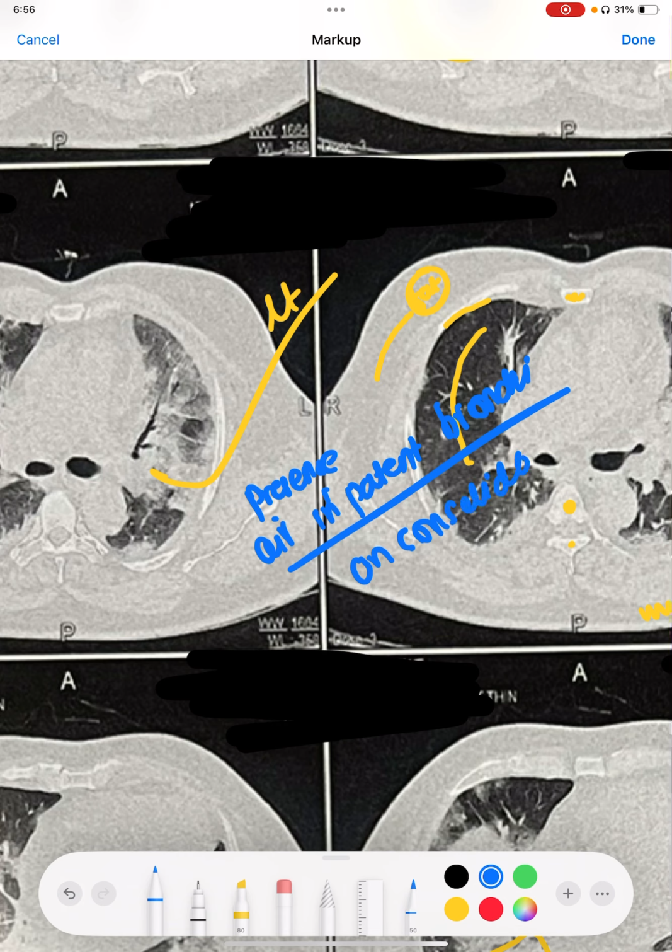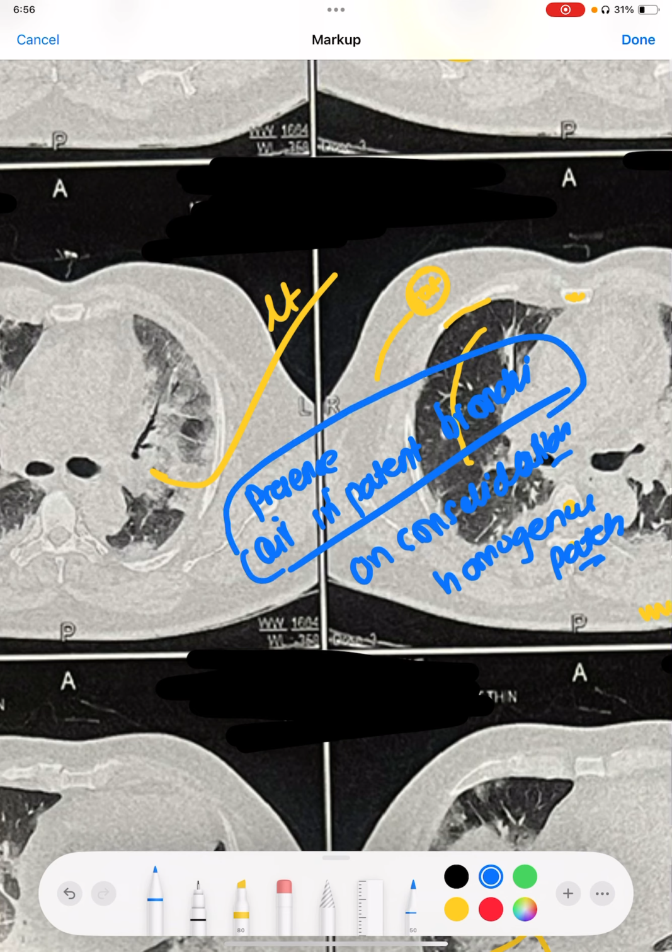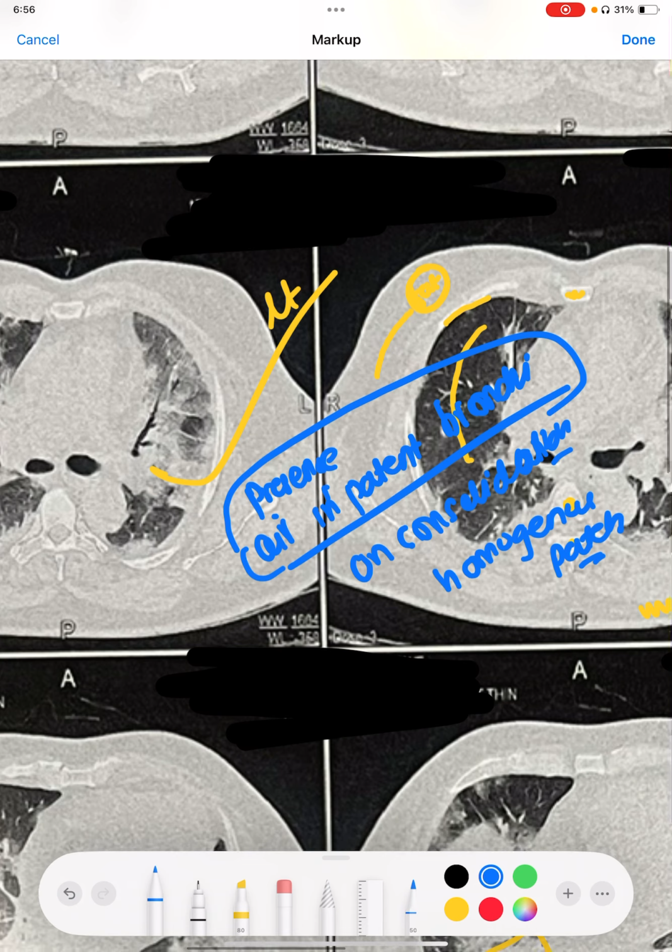So, if the patient has consolidation, consolidation means a homogeneous patch on a radiolucent lung. So the consolidation has to be there, and if there is a presence of air in the patent bronchi, it means it is for sure pneumonia.